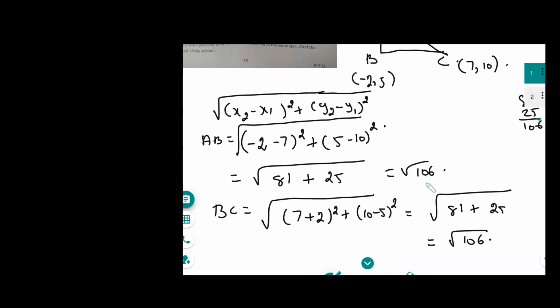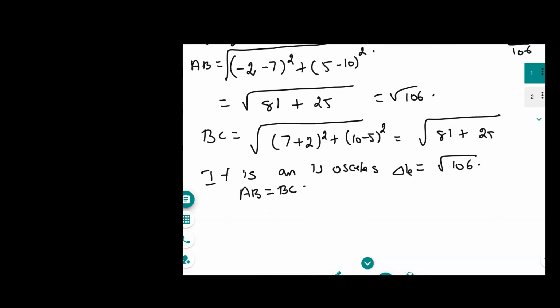Now we can see that two sides are equal, so it is an isosceles triangle, because AB is equal to BC.